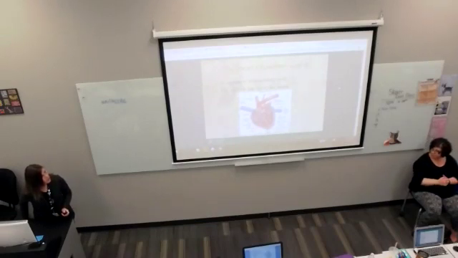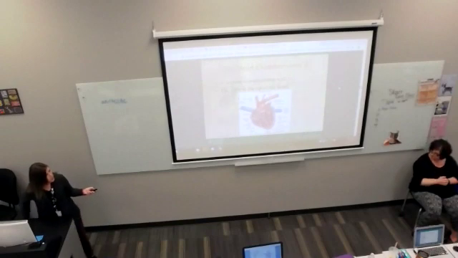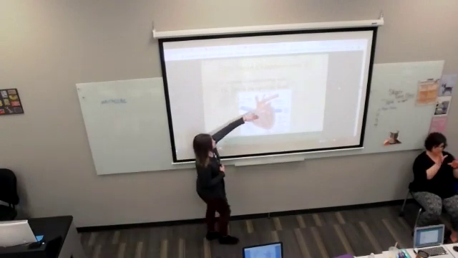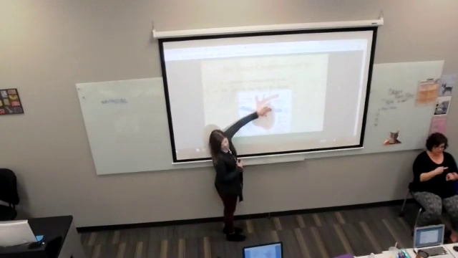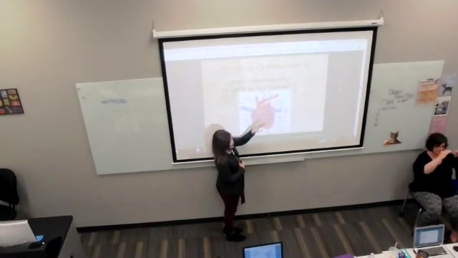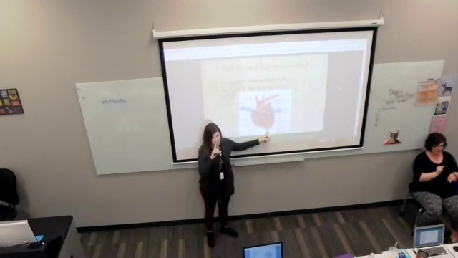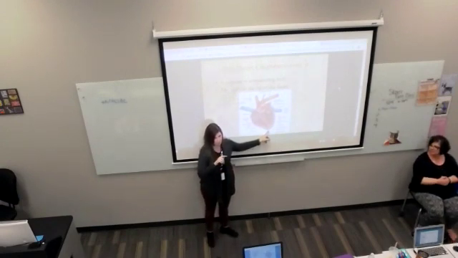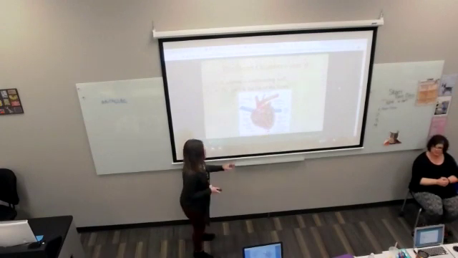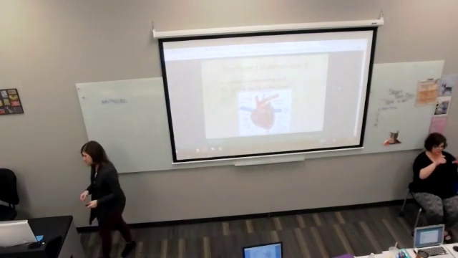And then our apex. So the apex is the tip, okay? We call this the base. I know that's backwards, isn't it? But this is the apex. An apex is a point, okay? I have an apex on my teeth, okay? And the base is the big fat part.